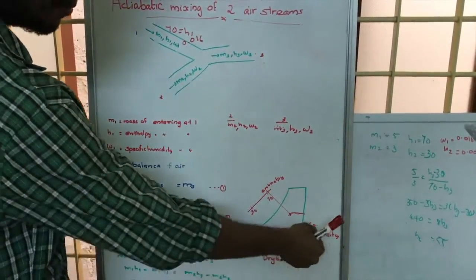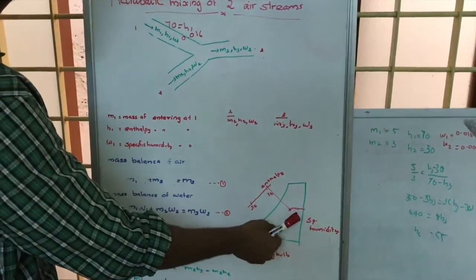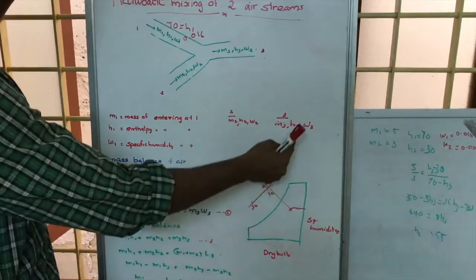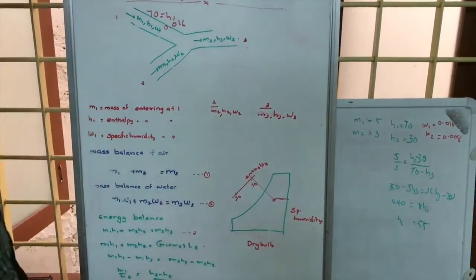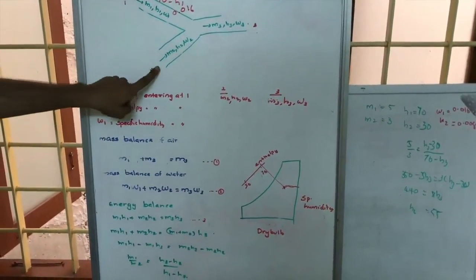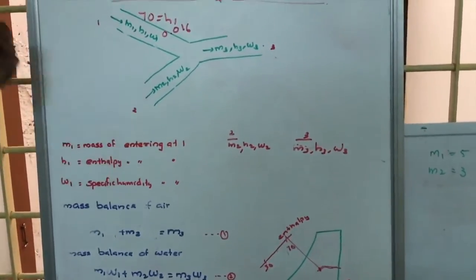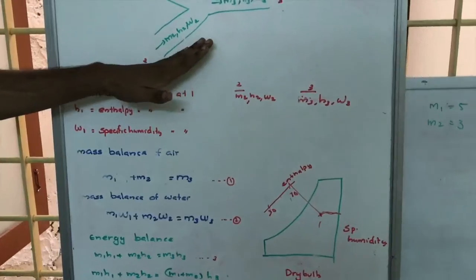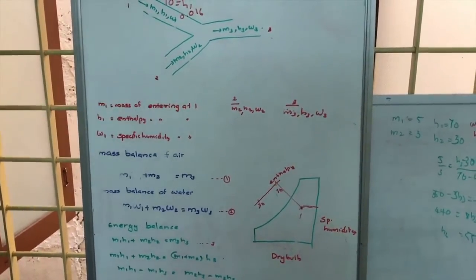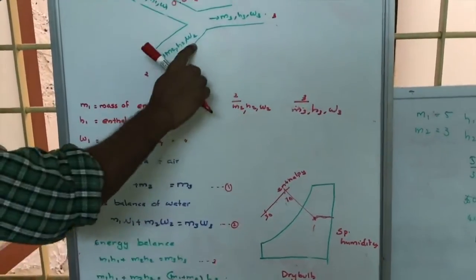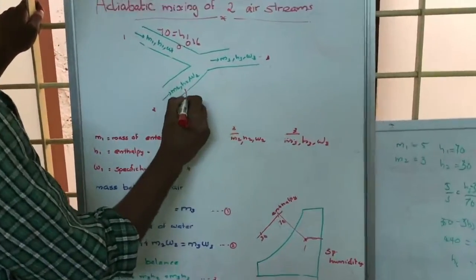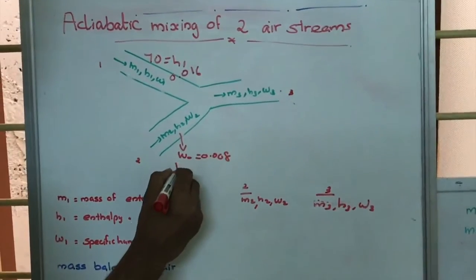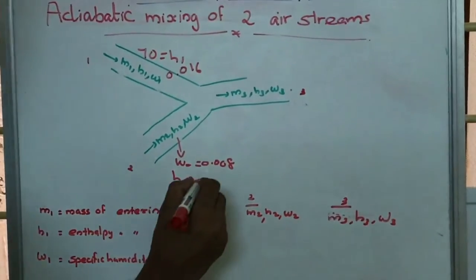Drawing a horizontal line at 0.016 and an inclined line at H1 equal to 70, perpendicular to the enthalpy axis, we are able to plot this point. Now for the second point, let us take W2 as 0.008 and H2 as 30.